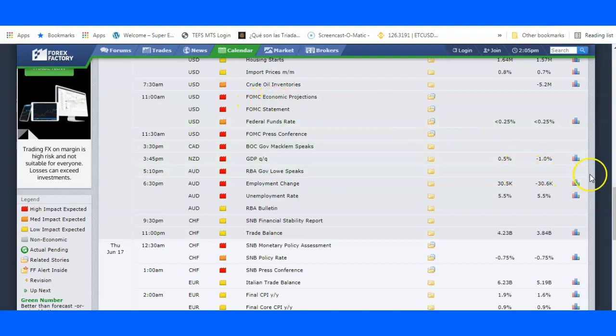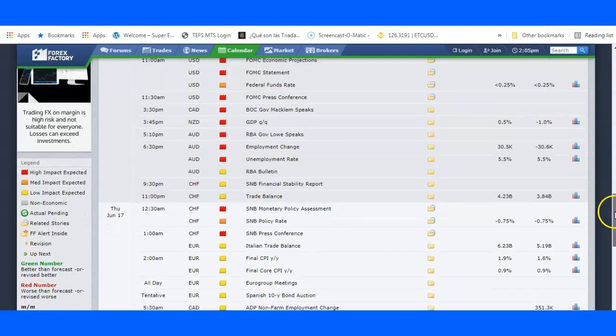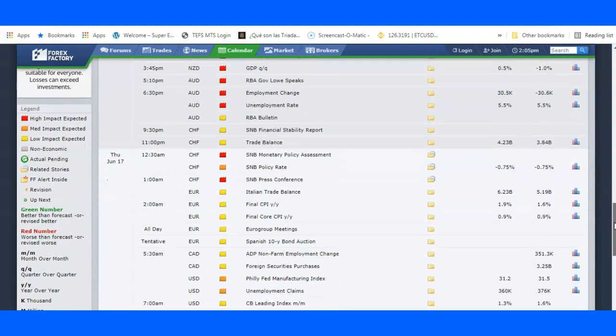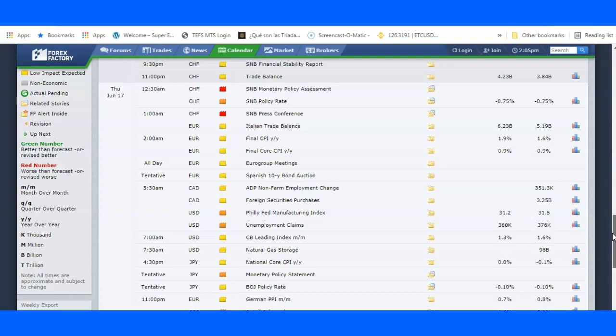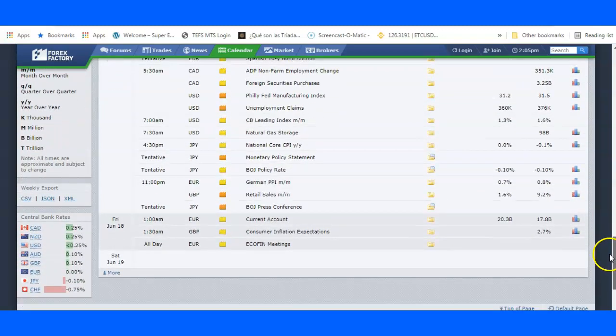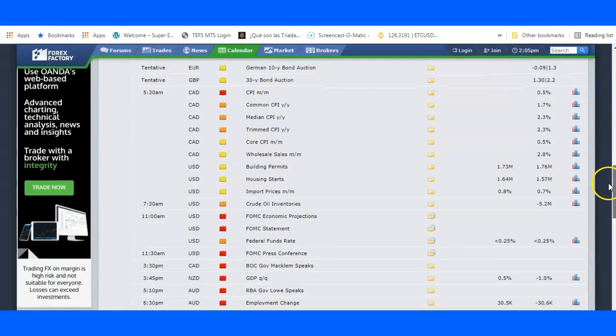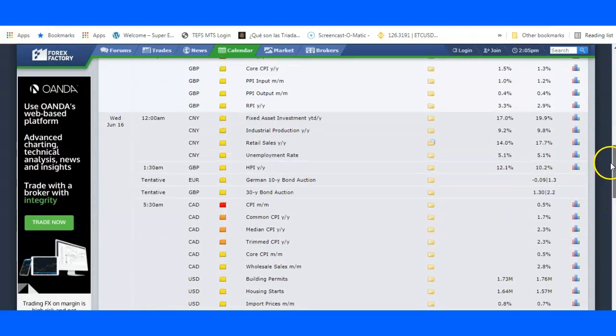FOMC economic projections. Now these are red folders. They're not the strongest news you can get, but you do want to be a little bit careful during those days. And then Thursday looks pretty clear, and Friday looks very clear, so just be careful on Wednesday.